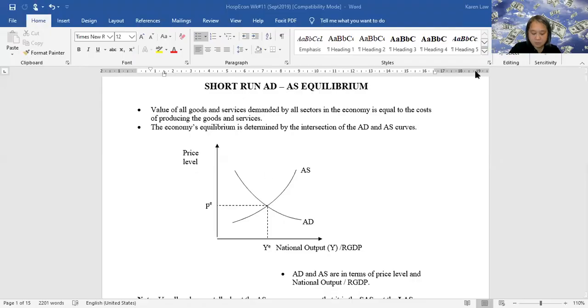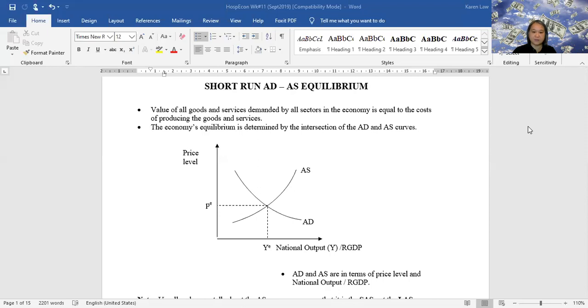Okay, so this I'm sure looks kind of familiar. Similar to our micro framework, we have our supply, we have our demand. However, we're not talking about supply and demand of a particular good or a particular industry. We're now talking about supply and demand in terms of our overall economy.